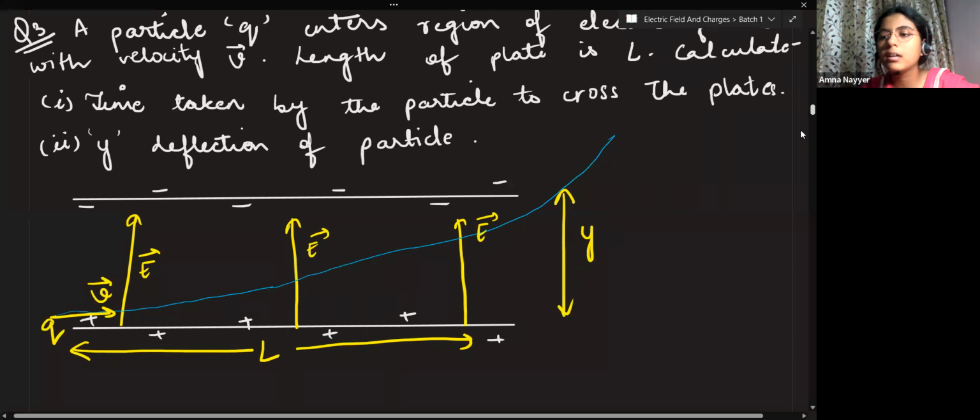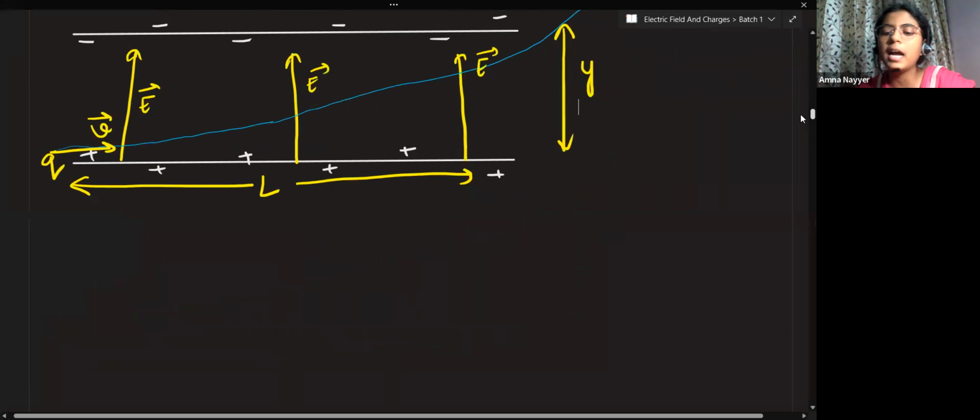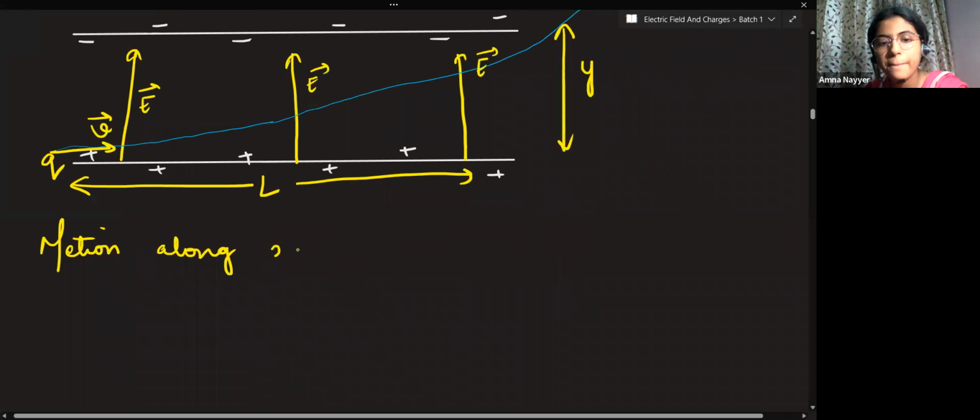Now before we begin, let us separately write it for the x-axis and y-axis. So let us first discuss motion along the x-axis. Just consider all the motion along the x-axis. Don't even consider that it is moving over here. It has covered some distance in the y direction also, but just look at the x-axis aspect. So any one of you tell me what is the distance that will be covered?